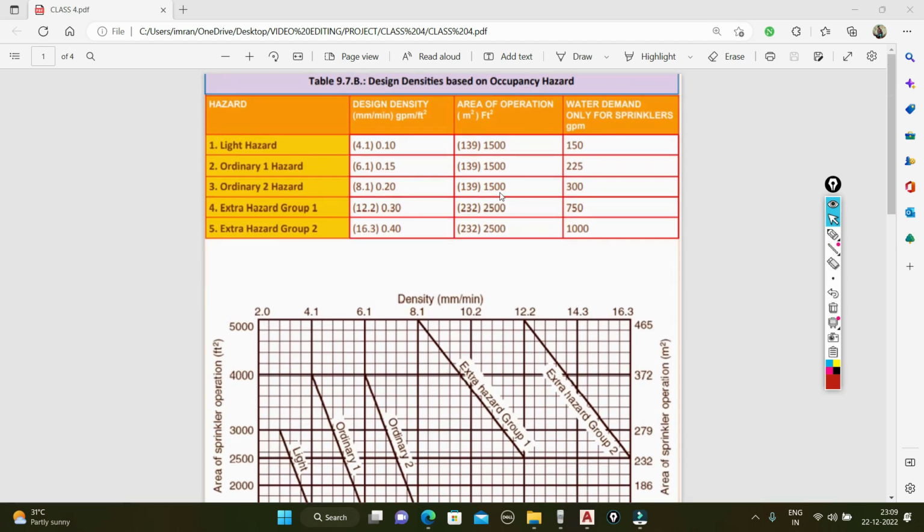But now I am going to talk about how it varies. We will not always consider the area of operation as 1,500 or 2,500. It varies according to the shape of the ceiling.